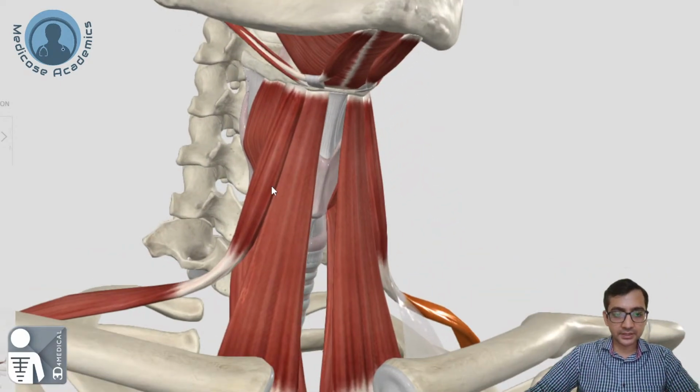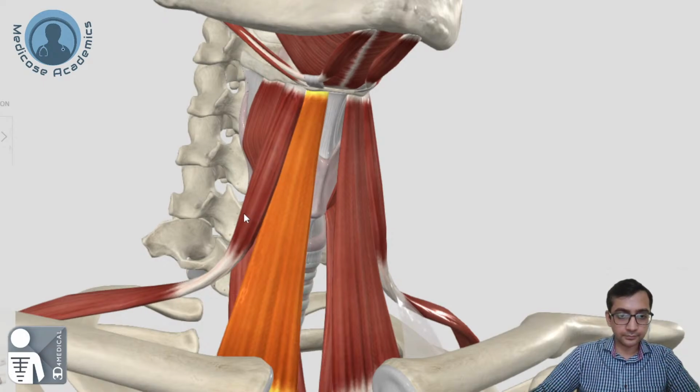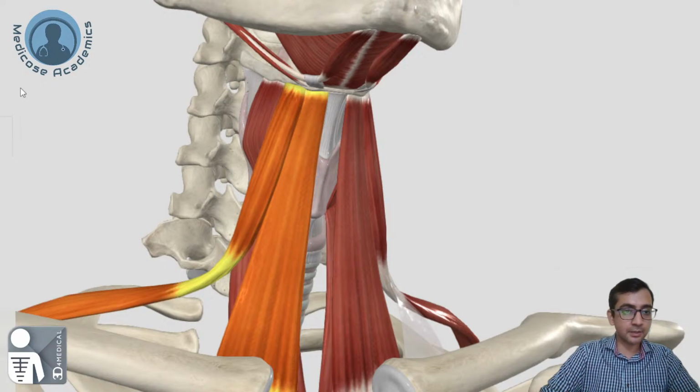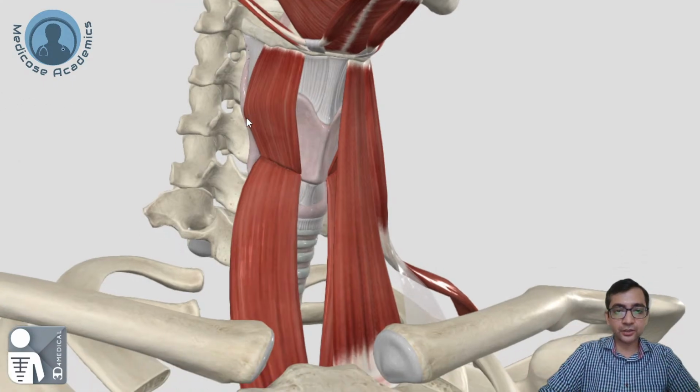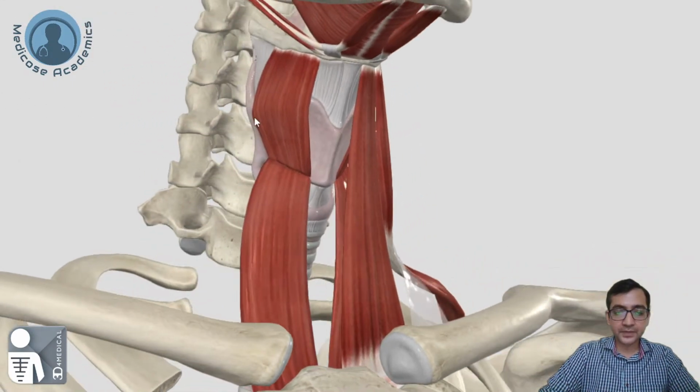Let's remove these muscles and see what is beneath them. I'm keeping the muscles on the side in their place, but on the right side I have removed these muscles. So when you dissect these muscles, you will see two more muscles just behind it.